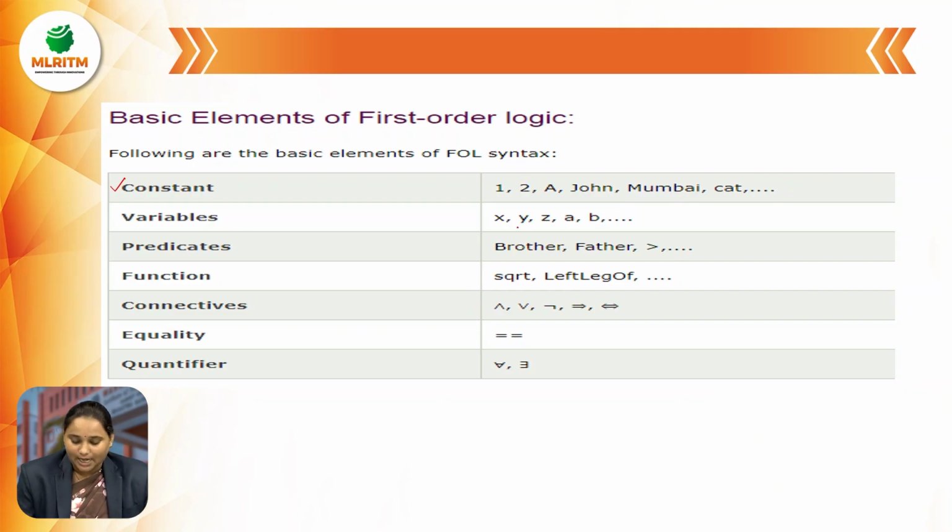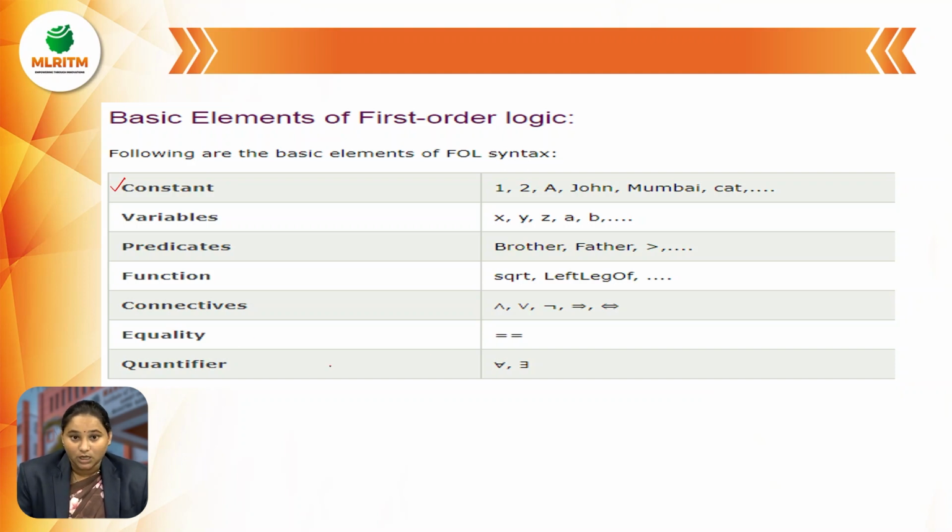Next, variables: X, Y, Z, A, B and so on. Predicates: brother, father. Functions: square root, left leg of. Connectives: and, or, negation, implies, bi-implies. Equality is a double equals.